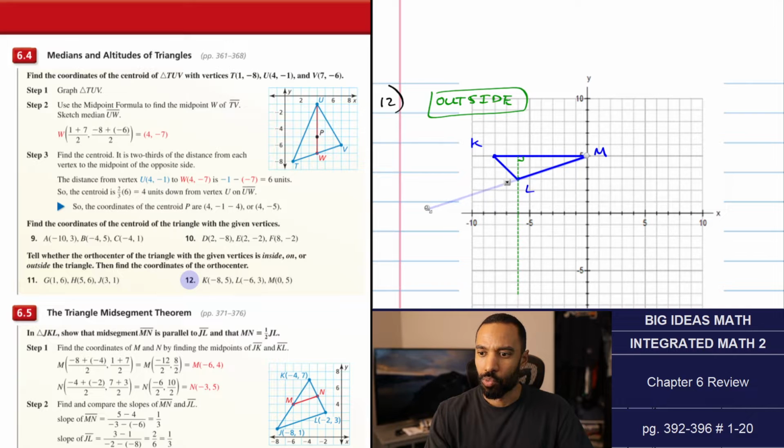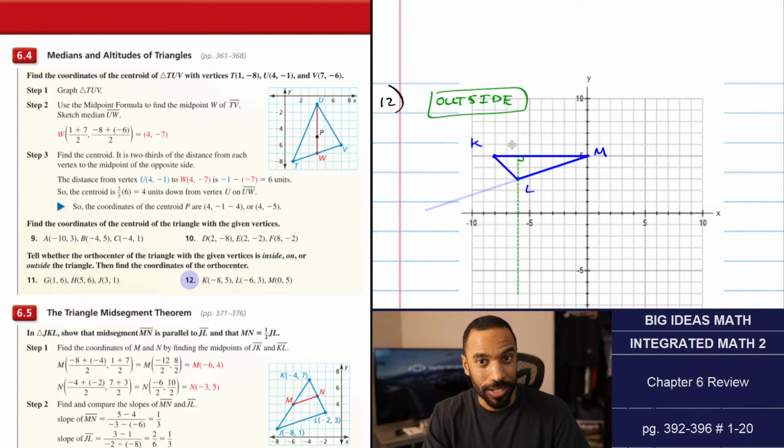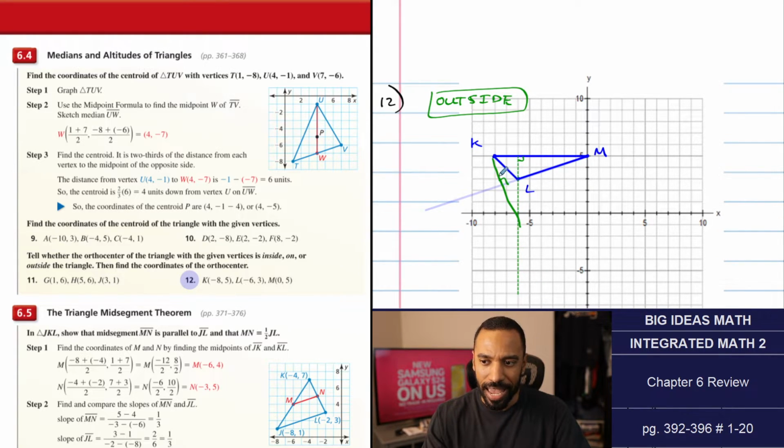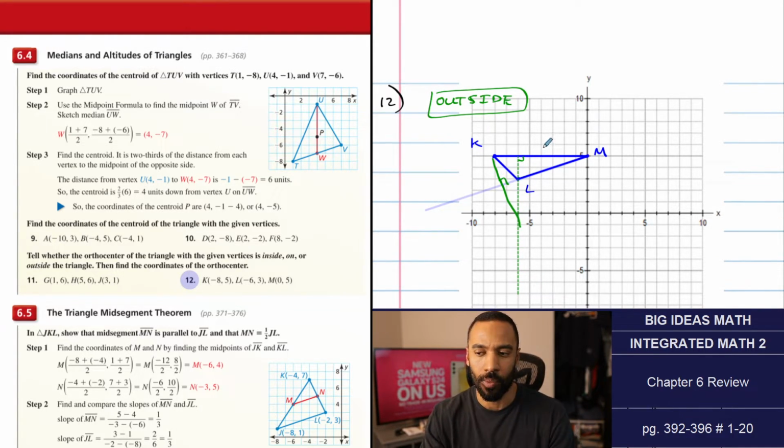You need to draw a right angle altitude from K through this horizontal line right here. Remember, it's something like that, right? I need the right angle of it. It's outside of the triangle when it happens. So we're still going to do the stuff that we did before.